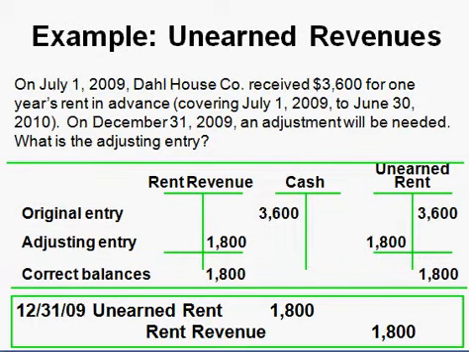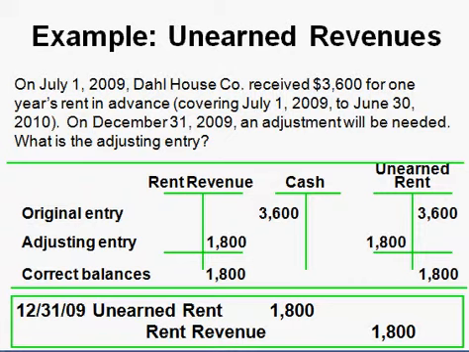Okay, so here's an example. They received $3,600 for a year's rent in advance. Okay, started in July and goes to June 30th of the following year. Your original entry is cash is debited for $3,600, and unearned rent, which is a liability, is credited for $3,600. So at the end of the year, you've earned 6 months of that rent.